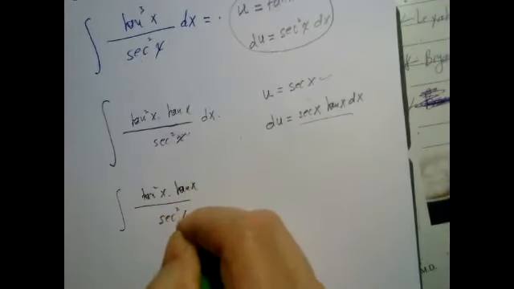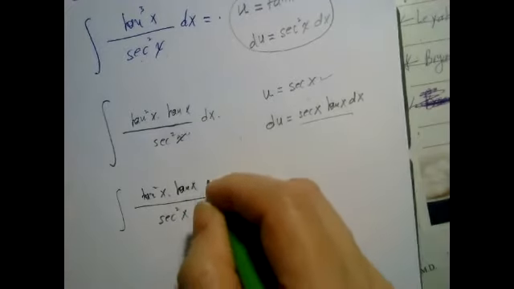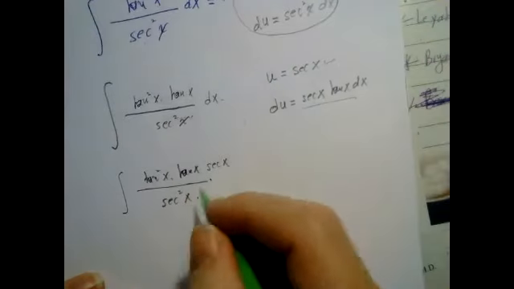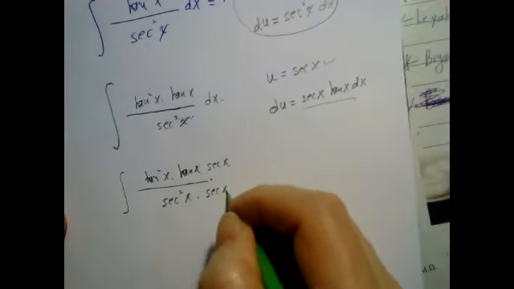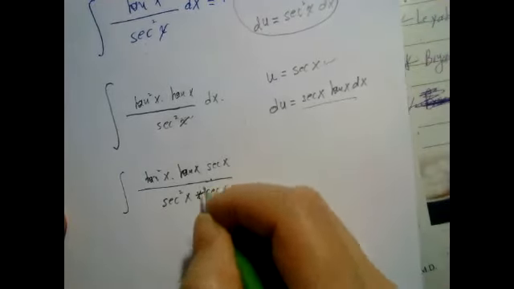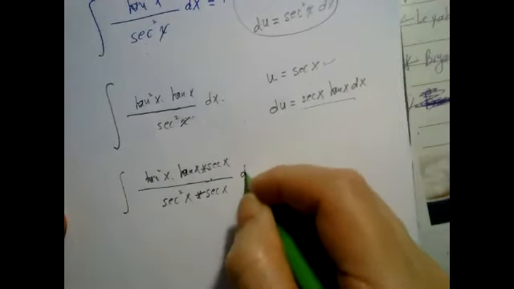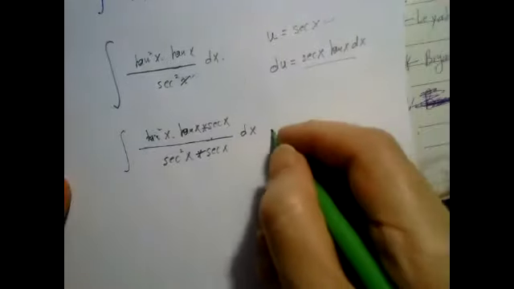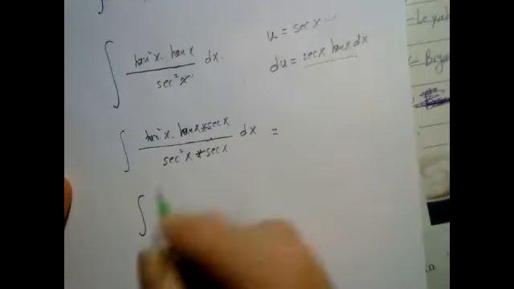Secant square, I am not touching it, but they told me to multiply by secant. That's the creativity getting in here, and divide by secant. So multiply and divide. Can I do that? Of course, algebraically, it's correct. And why did they want me to do this?